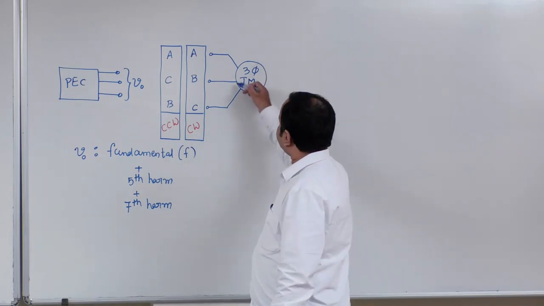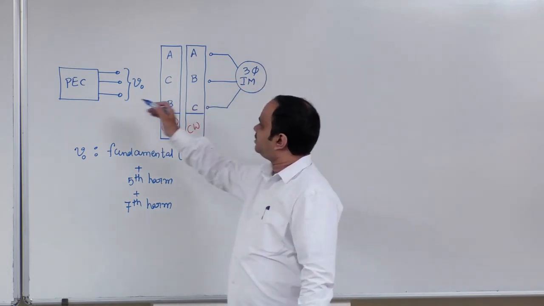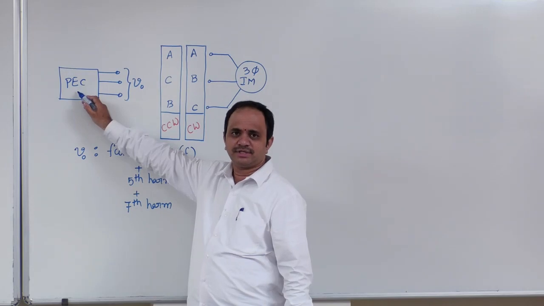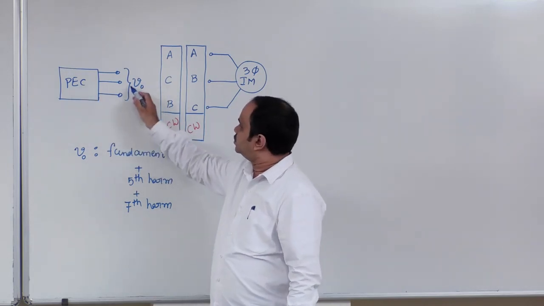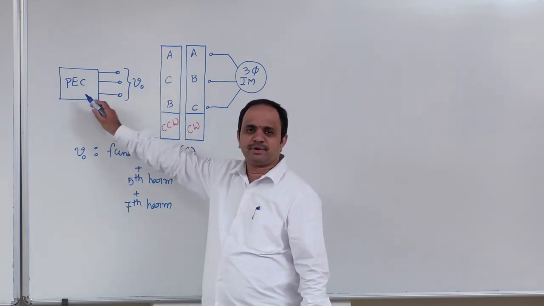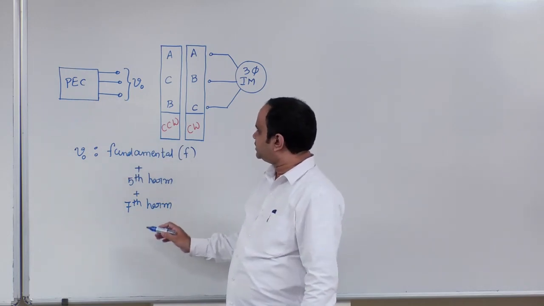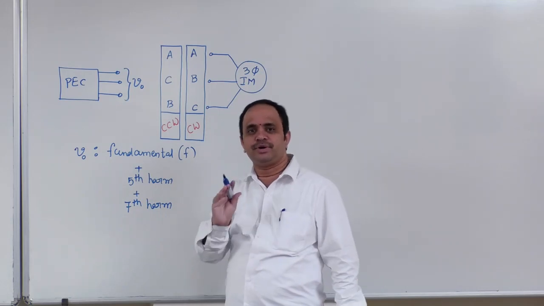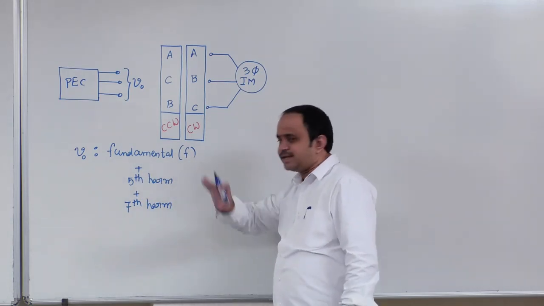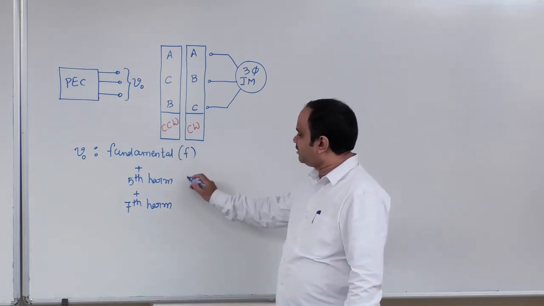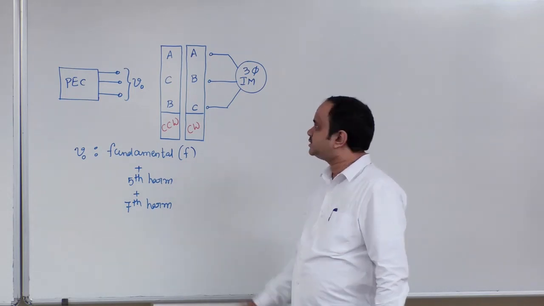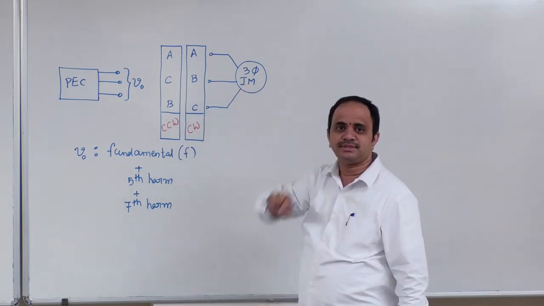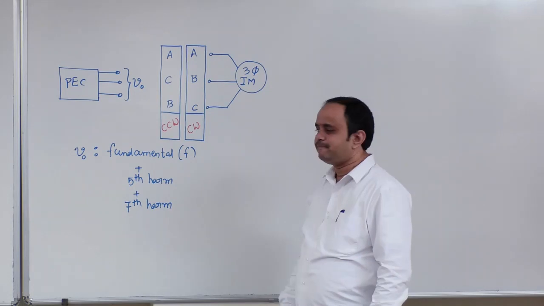Now, if this induction machine is connected to a three-phase power electronic circuit, whose output voltage contains fundamental, fifth harmonic and seventh harmonic components, in that case, what is the impact of these harmonic components on this machine's performance? Let us see it carefully.